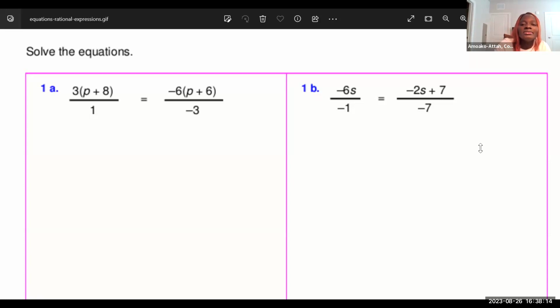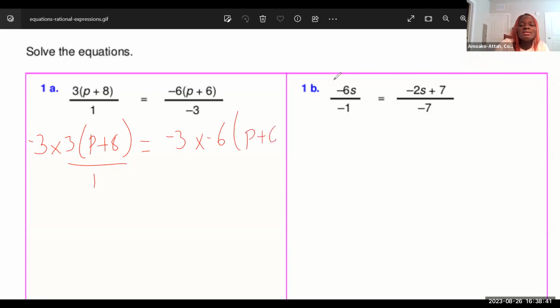So let's start. We have -3 times everything in the first fraction. So 3(p + 8), all divided by 1, equals -3 again times -6(p + 6), all divided by -3.